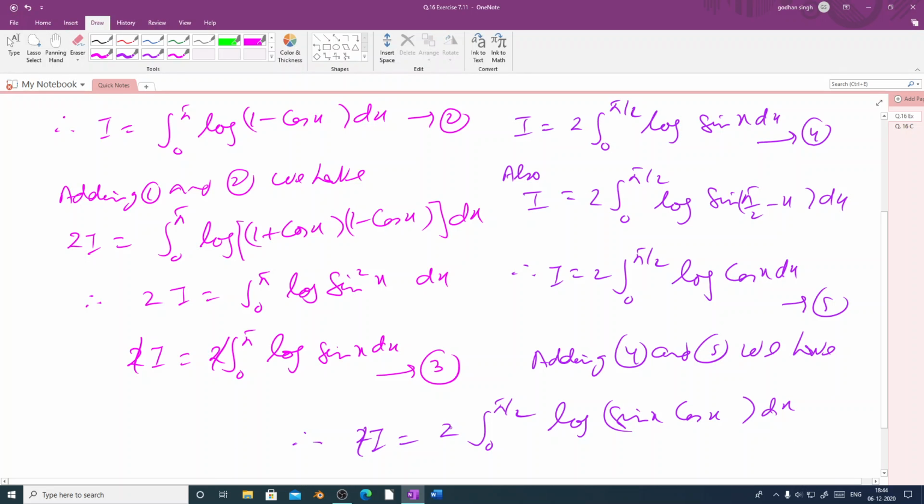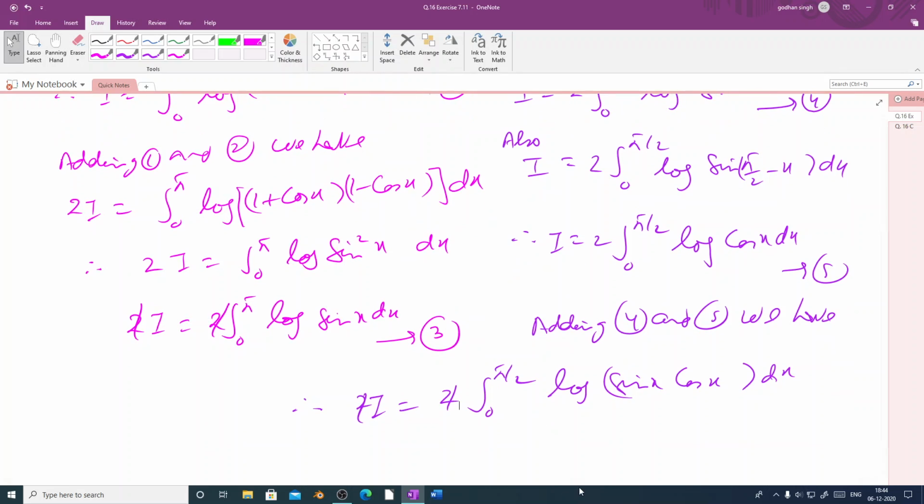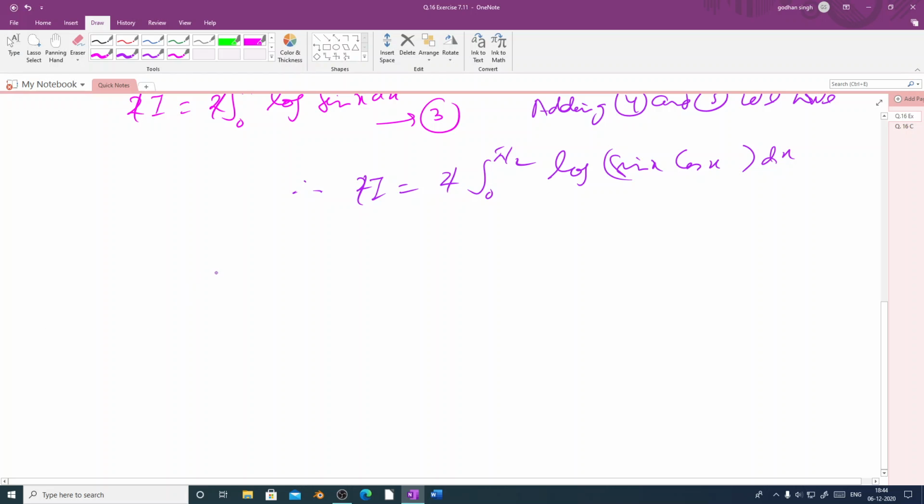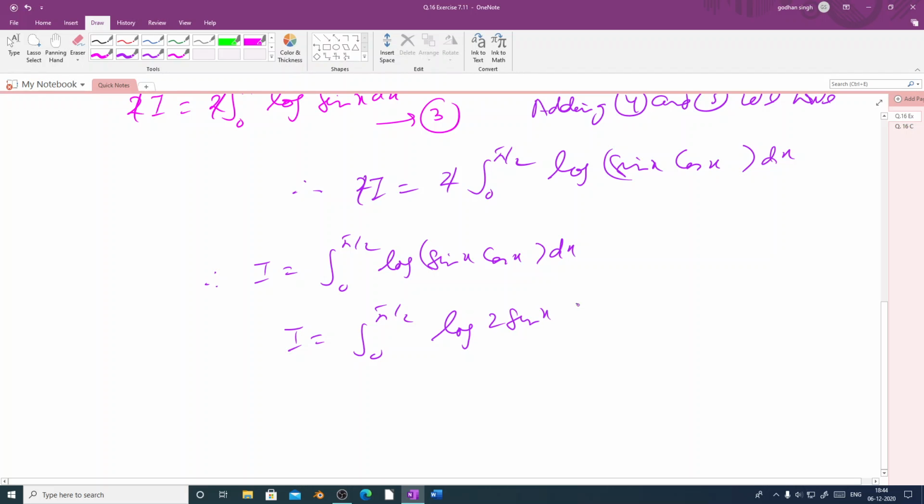Now we cancel the 2 on both sides, and we get I equals the integral from 0 to pi by 2 of log(sin x cos x) dx. We can reduce this by multiplying and dividing by 2 inside the log function. So we rewrite this as I equals the integral from 0 to pi by 2 of log(2 sin x cos x / 2) dx.